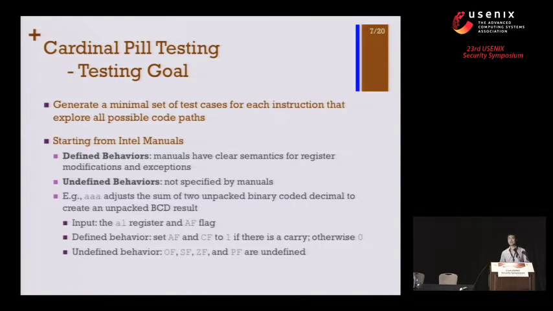This means that the Intel manual has exact semantics for each instruction. The second category is undefined behavior. This means that Intel doesn't say anything about the flag bits each instruction should update or read or write. So there is no standard answer for the undefined behavior. It is changed based on some undocumented ways.